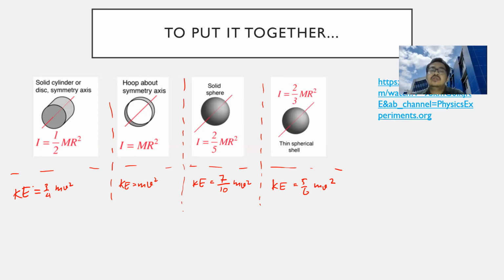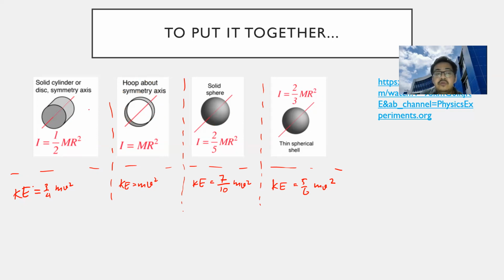Or in other words, if we give the same amount of energy to these geometries with the same mass and same radius, they will move with different velocity. On the contrary, this hoop needs larger energy to move at some value of velocity.